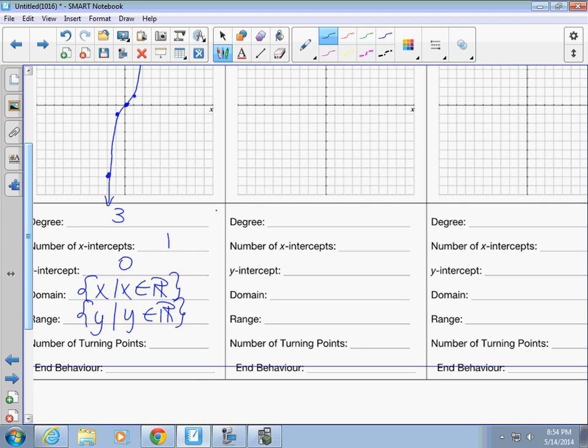Number of turning points was 0, because this graph continued to go up, and it curved. It didn't change direction though. It didn't go back down anywhere. So this one has 0 turning points. And my end behavior, this one started in quadrant 3 and will end in quadrant 1.